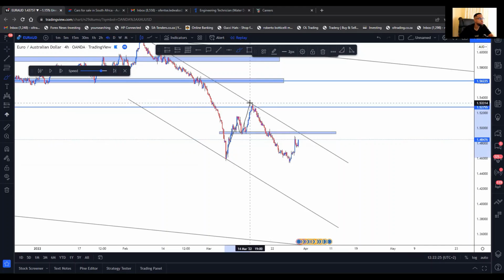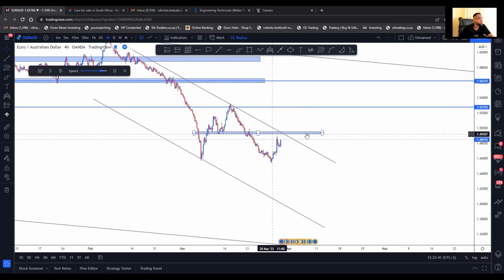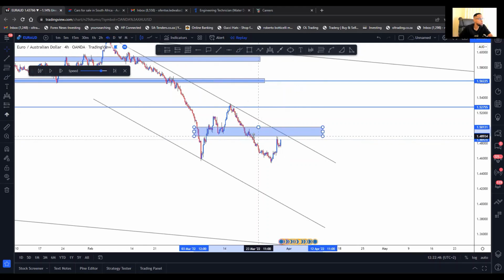Then here we could not pass this point, we came back, bounced here, a small correction, then we broke. So you can see that this is a level of confluence. So if we are to go down, we're expecting a move around this area to shoot to the downside.